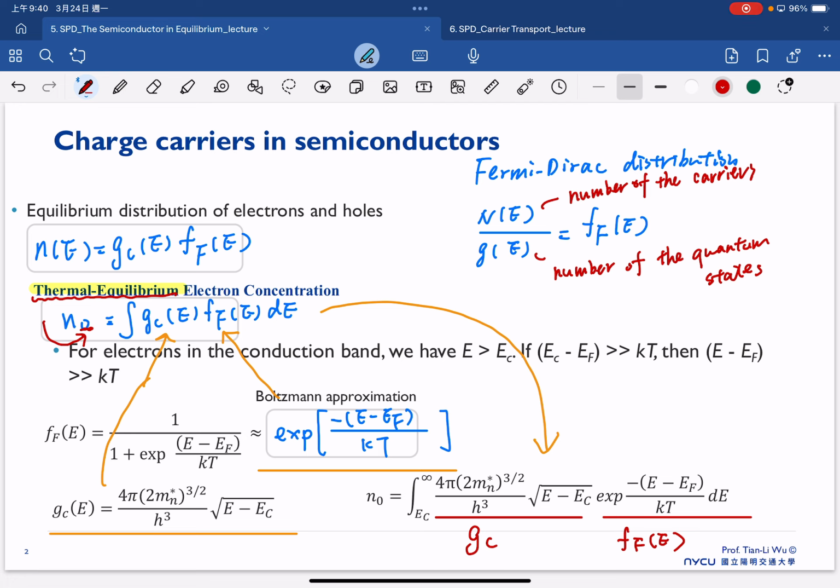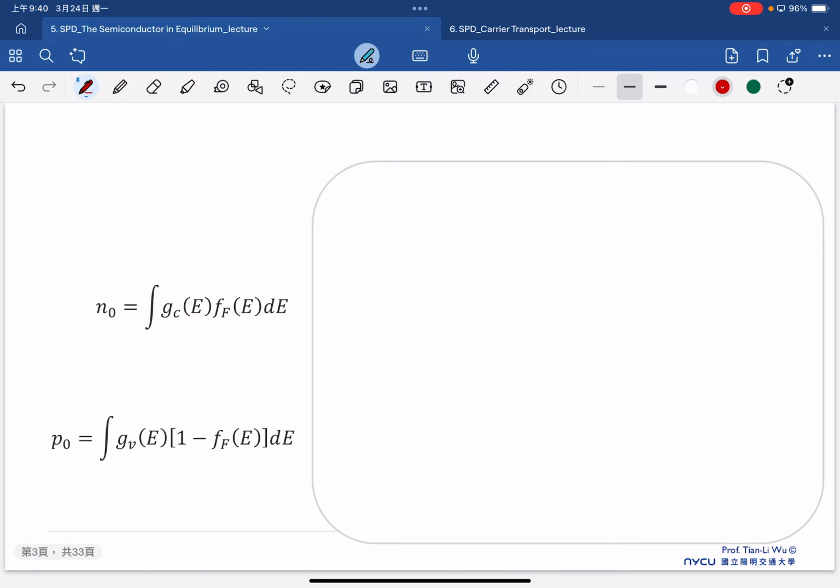For sure, to further understand this equation, we still need a more clever way to visualize it. So actually we can also use a simple graph with a band diagram with GC to understand this thermal equilibrium electron concentration.